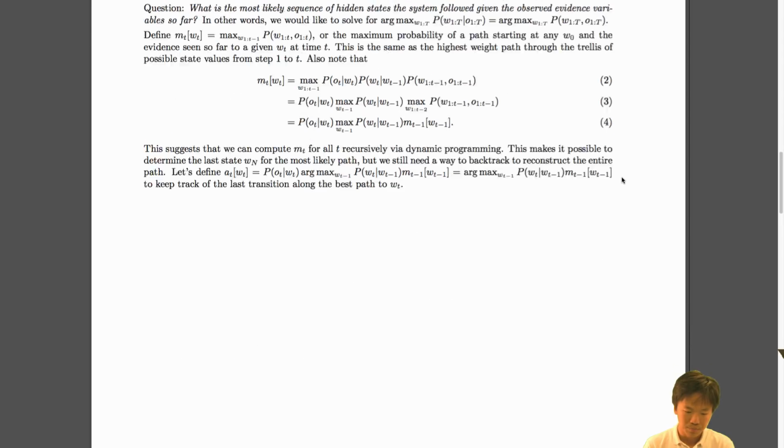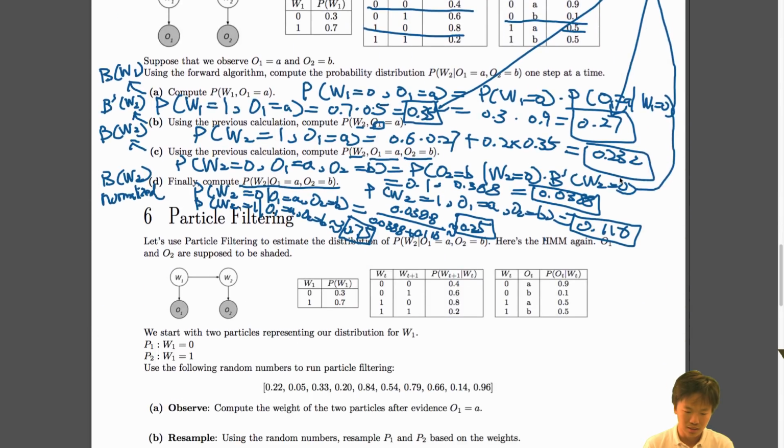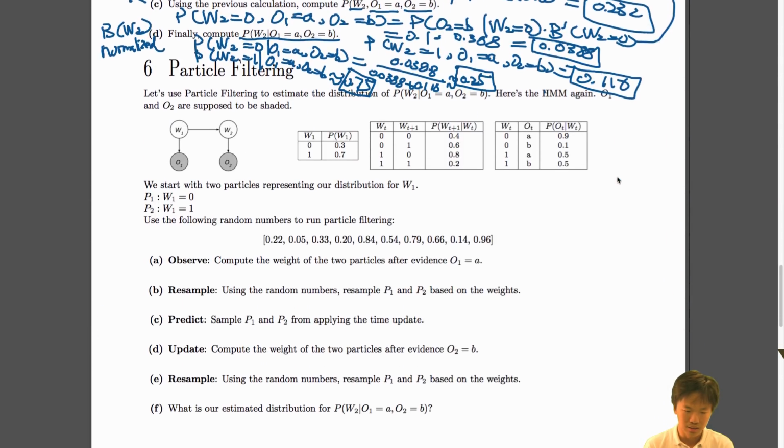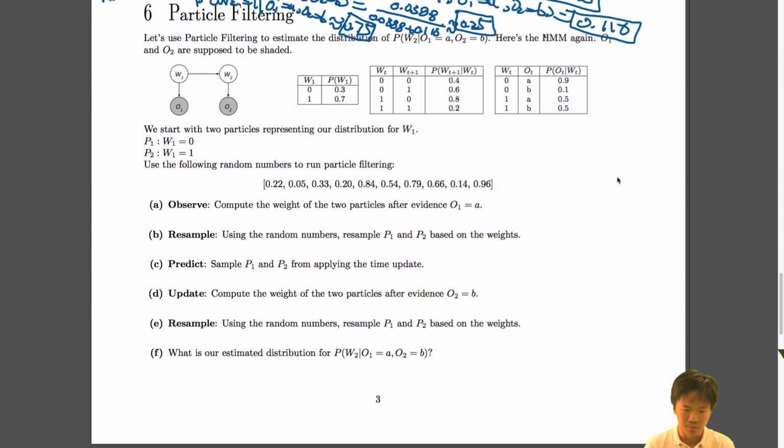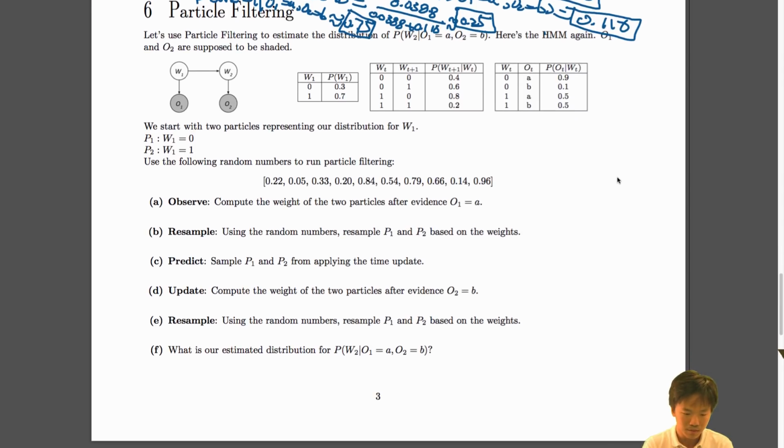So let's look at this concept in action in this particular problem from the worksheet. As we can see, this is the exact same setup as the previous problem.